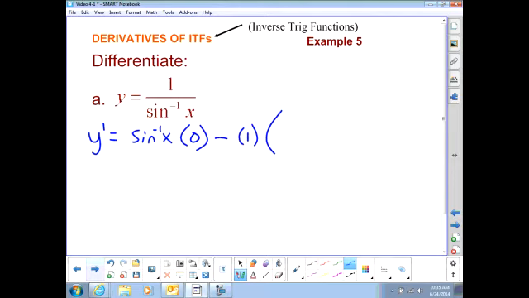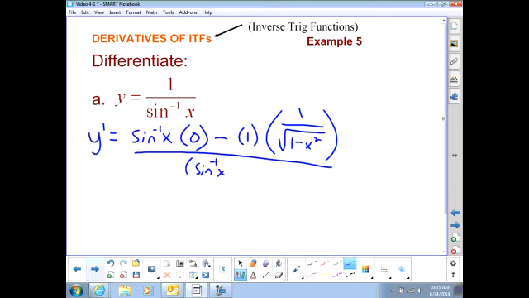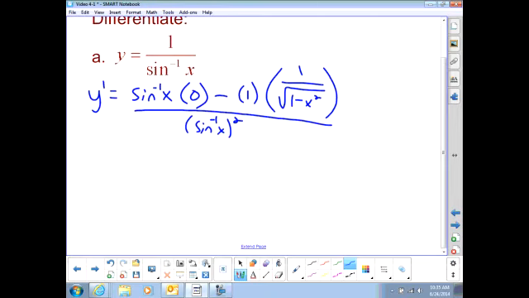Well, we just saw our derivative of inverse sine x is 1 over square root of 1 minus x squared, all over low, low. So you could leave it right like this. That's perfectly fine if all they want is the derivative. We'll just see what it looks like when we neaten it up.